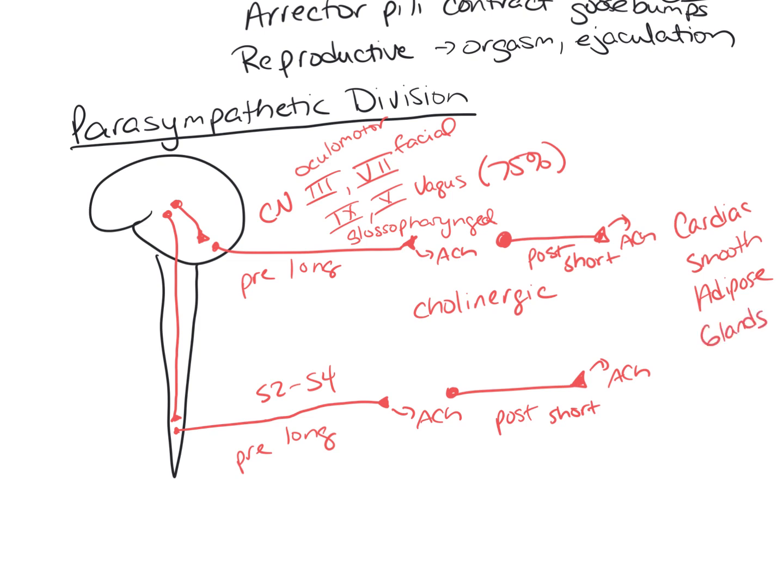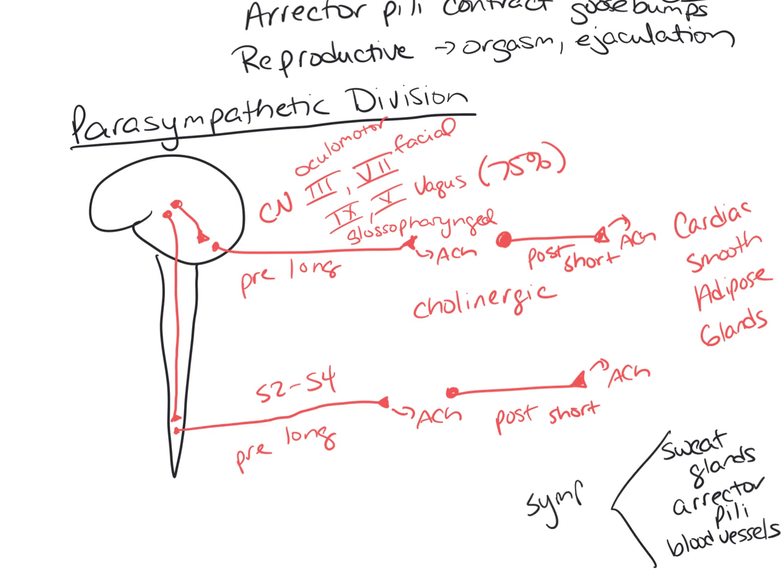Some effectors that do not have parasympathetic stimulation and only have sympathetic stimulation are the sweat glands and the erector pili muscles and the peripheral blood vessels. So again, these are sympathetic only.